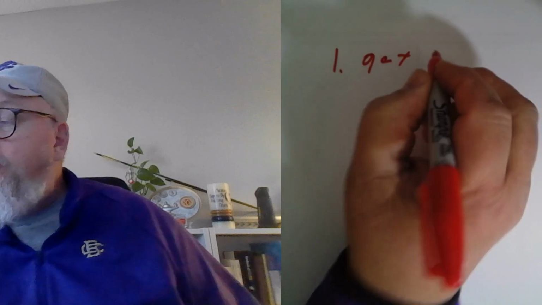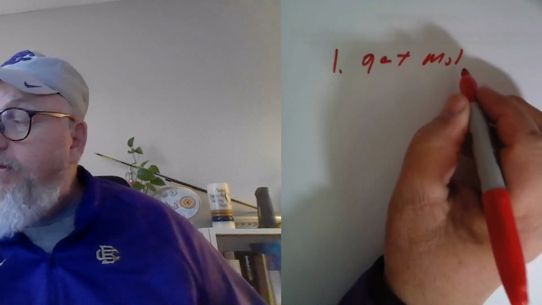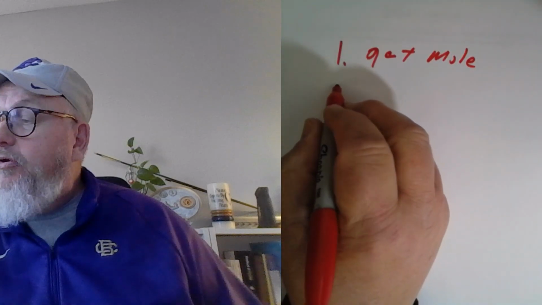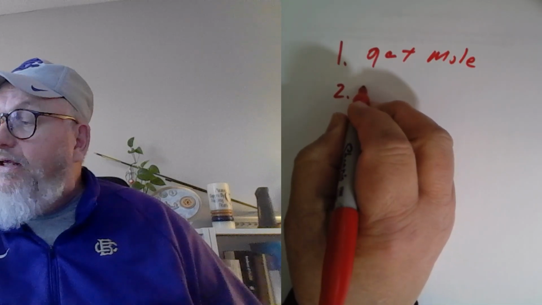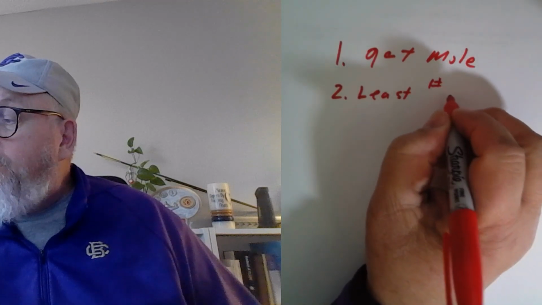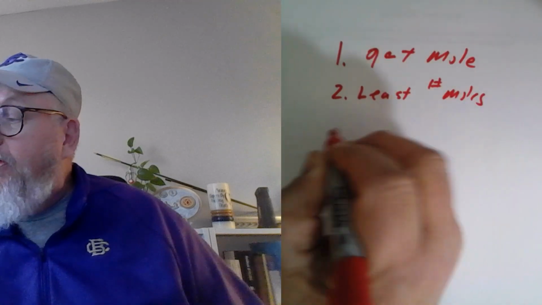What do we need to do first? Well, number one, if you have grams, get to moles, the number of atoms that are there, because you want everything to be the same. After you get to moles, you're going to find the element with the least number of moles, and then divide each one of those by that.